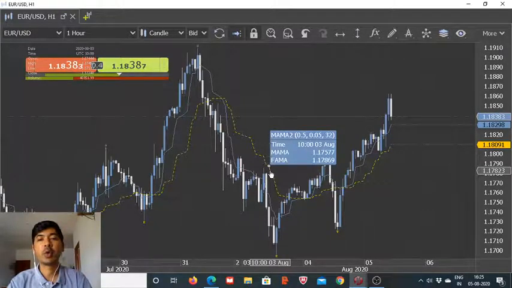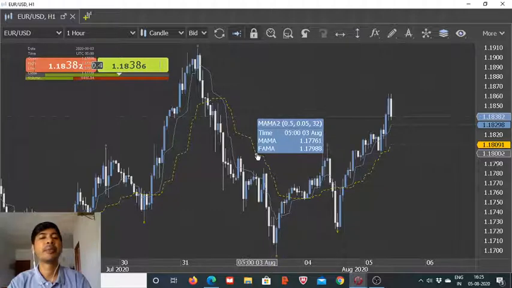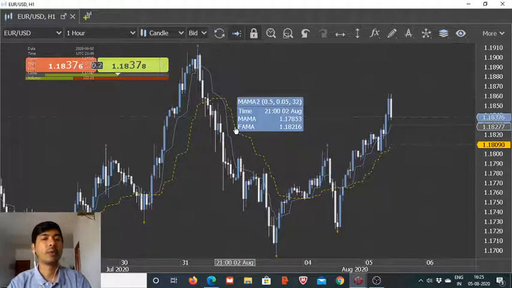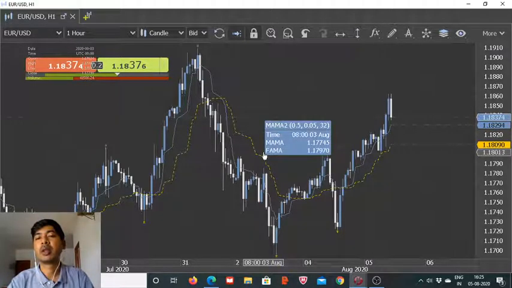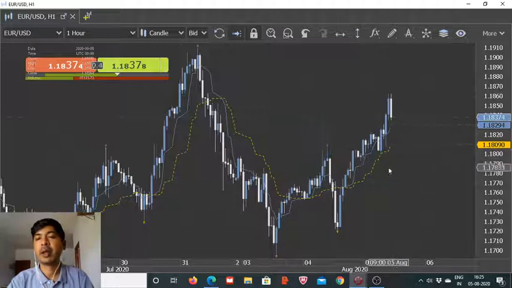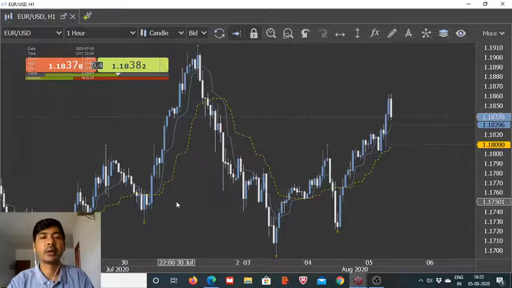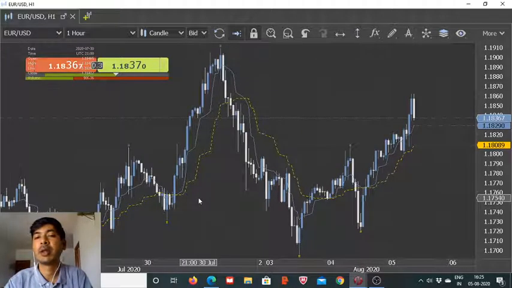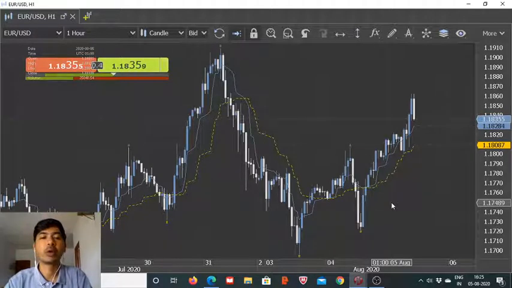It has two components, the fast and slow moving average components, the FAMA and the MAMA. The slower one is FAMA, and this yellow one is the MAMA, and this is the formation. It can be used in multiple ways. One is a simple crossover structure, a bullish cross or a bearish cross.